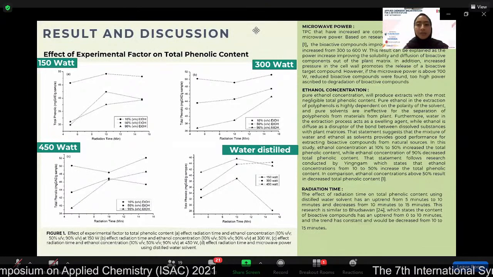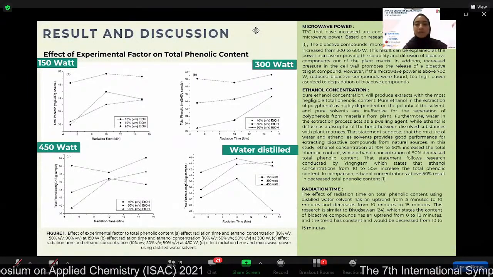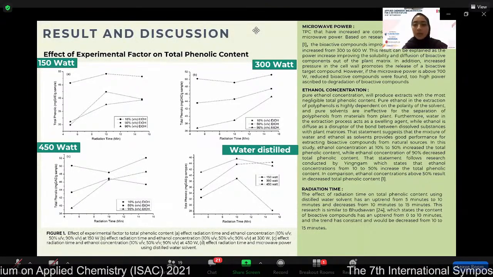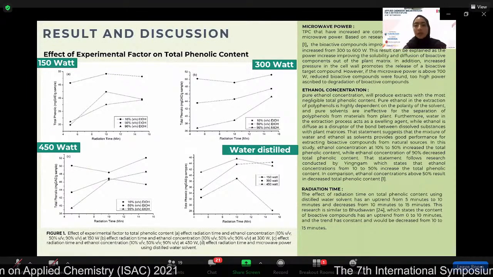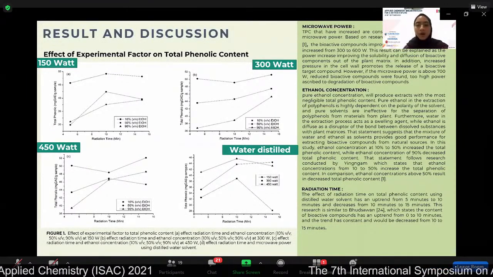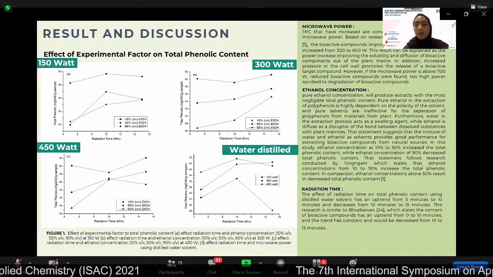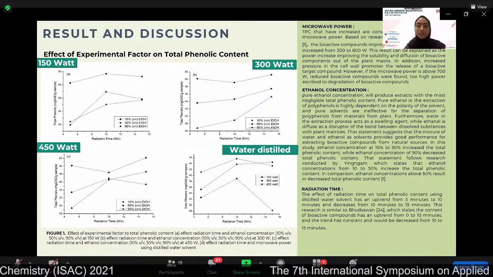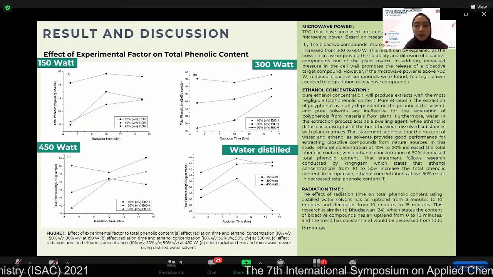This result can be explained as the microwave power increases, improving the solubility and diffusion of bioactive compound out of the plant matrix. And it increases pressure in the cell wall, promoting the release of the target bioactive compound.